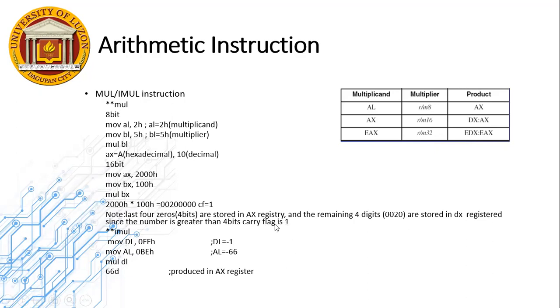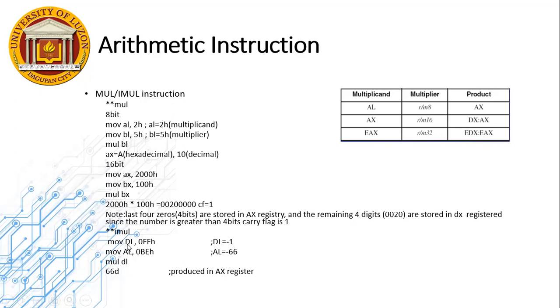So I will not be focusing on the flags, but basically these flags represent something. In this case, the carry flag is set to 1 because, as a general rule in multiplication, you need to store the integers in two different registers, which are the DX and AX.